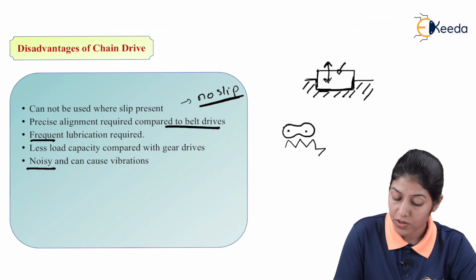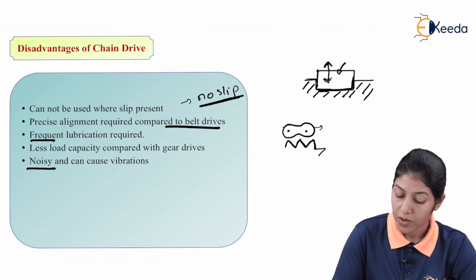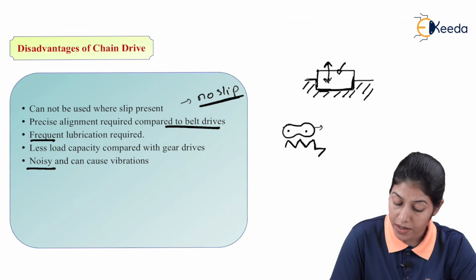This is the link of the chain and this is the tooth of the sprocket. Both are made of metal, and here we have sharp edges in this sprocket gear or sprocket wheel. So this link is in contact with this toothed surface.